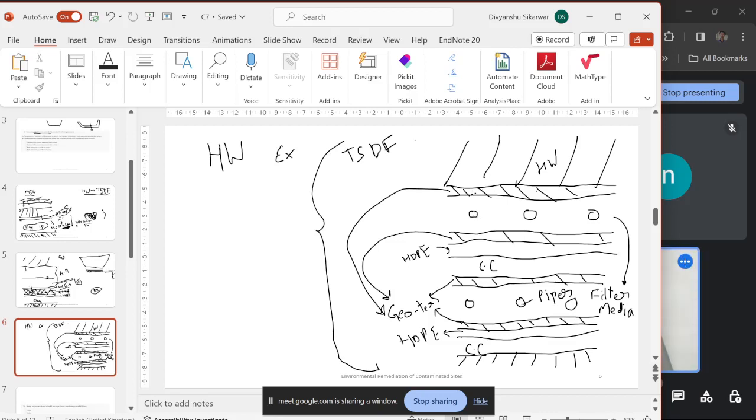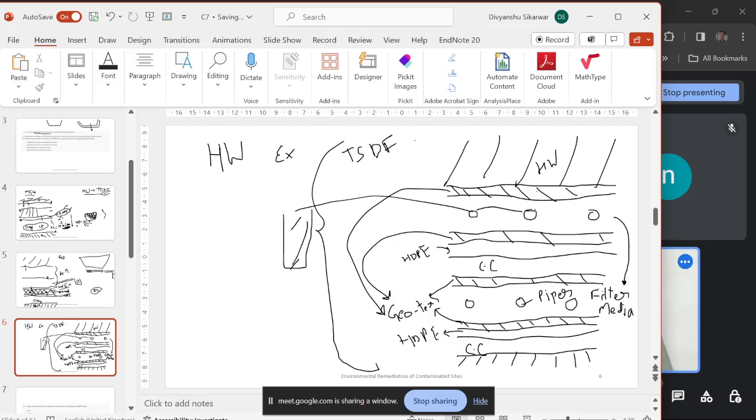So this geomembrane prevents the filter media from clogging and allows the leachate to come here, which could be collected through these leachate pipes. So these leachate pipes basically run into a well, the leachate collection well.